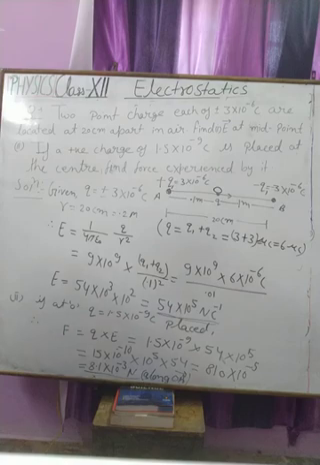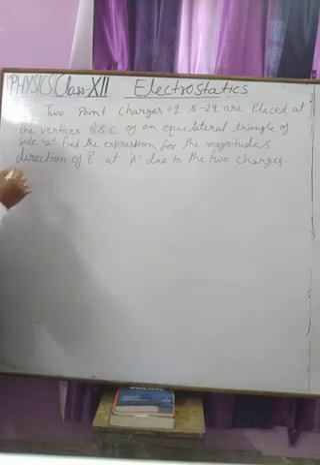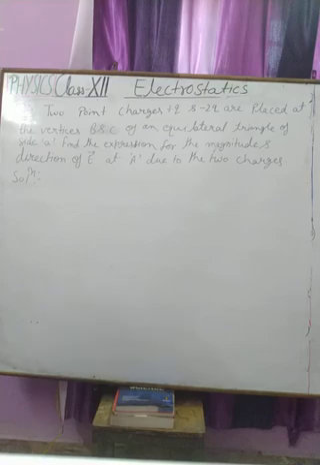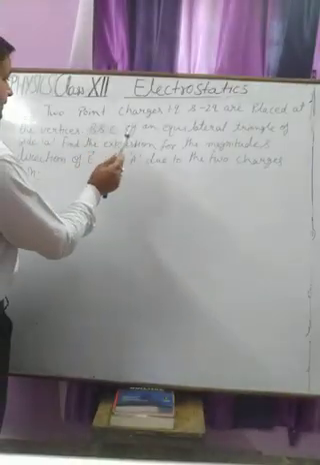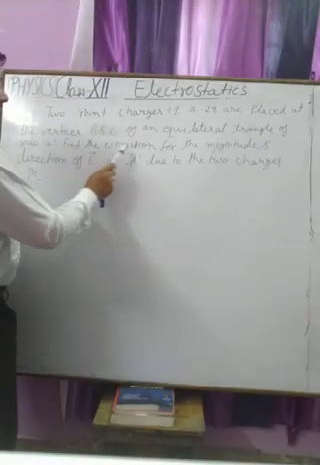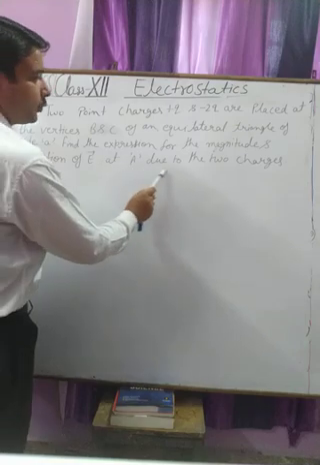Okay student, now we are going to take another problem. Two point charges plus Q and minus 2Q are placed at the vertices B and C of an equilateral triangle of side A. Find the expression for the magnitude and the direction of electric field at point A due to the two charges.